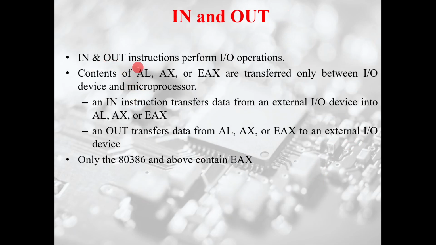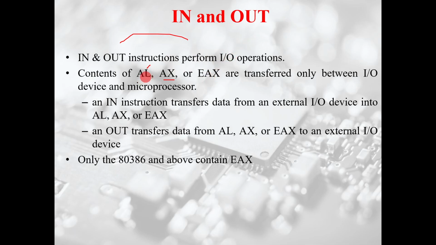Now I have input output instructions. Here I don't have to specify the register, because when I'm writing an in instruction, data will be brought either to the AL register or the AX register. If the port is an 8-bit port, I will have to write in AL, and then specify the port from where the data needs to be brought.